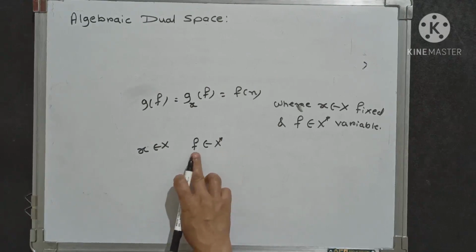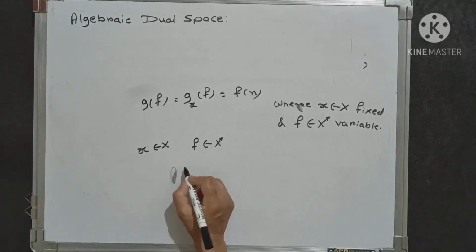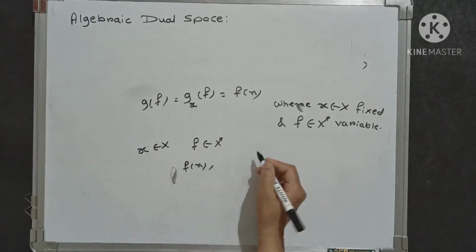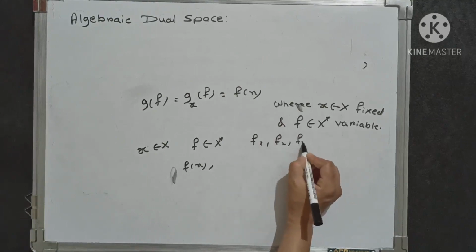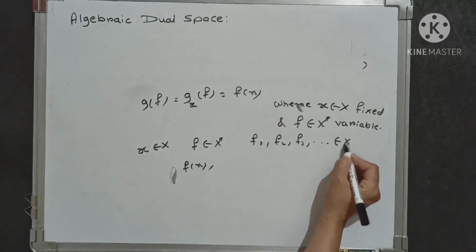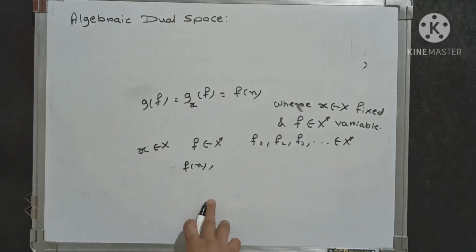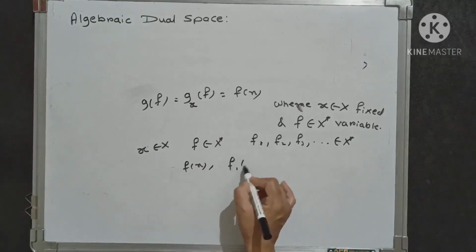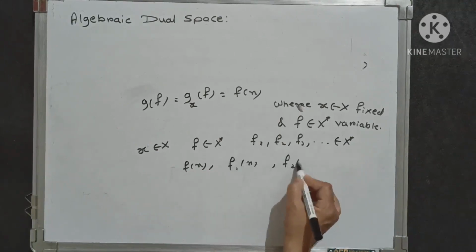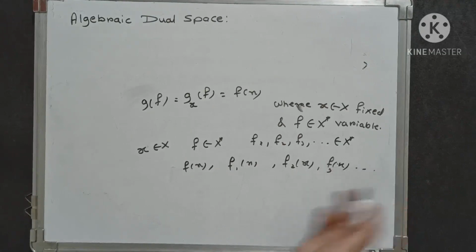That means for any f belongs to X star, we are calculating the value f of x. Here if we have f1, f2, f3, these are all elements of X star, then for this fixed small x we get f1 of x, f2 of x, f3 of x, and so on.